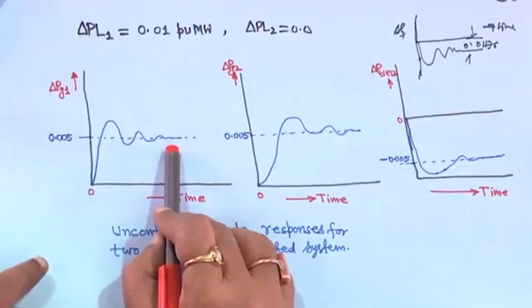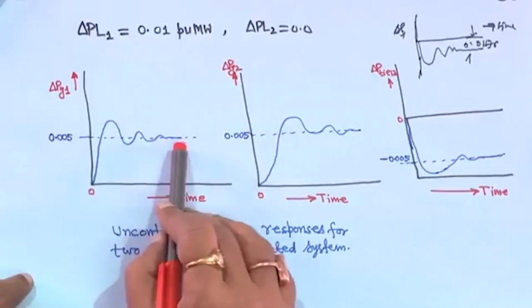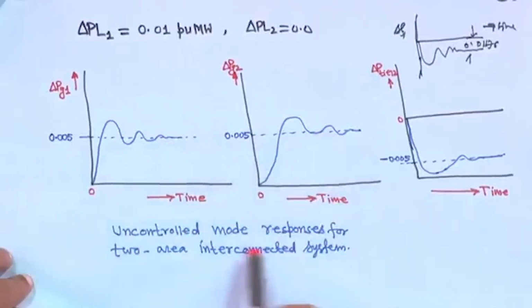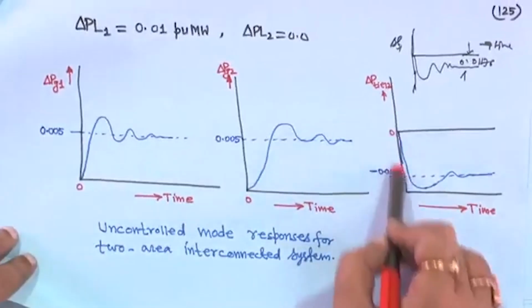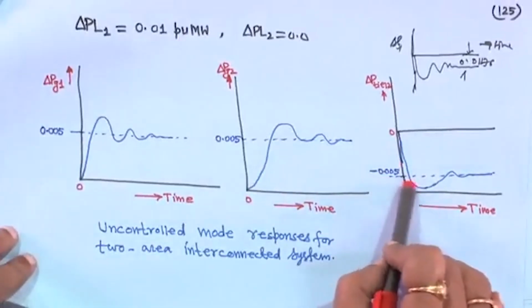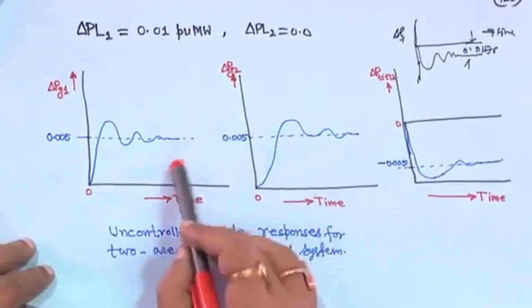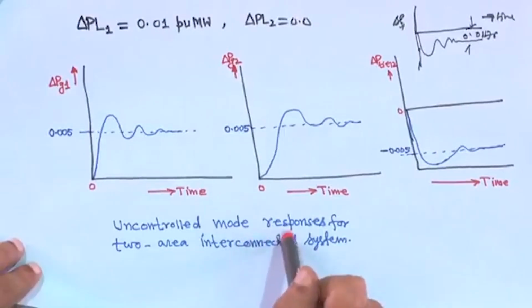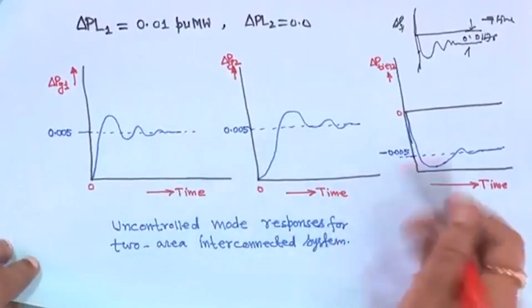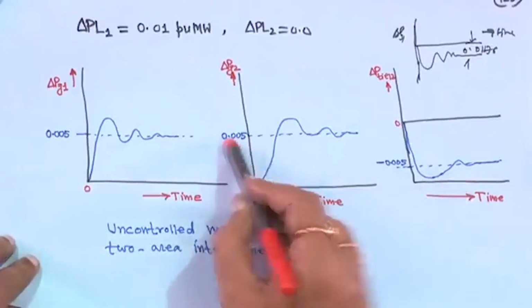So both generations respond and generate power 0.005, here also 0.005, in the uncontrolled mode response of the two-area interconnected system, and tie line power, if you plot it, shows minus 0.005. This is the response for PG1, uncontrolled mode, that means U1 equal to 0, U2 equal to 0. If you make this in MATLAB Simulink, you can easily see these responses.